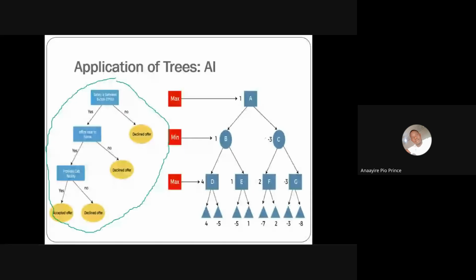You first check if the amount is between them, you accept and proceed to the next condition. Is the company closer to your house or your home or the office? If it is yes, you proceed. If it is no, then you decline the job. And you come down again. Do they provide a cab facility? Those are just your conditions. If they provide a cab facility, then you accept the offer. So it means that you only accept the offer if the three conditions are met.